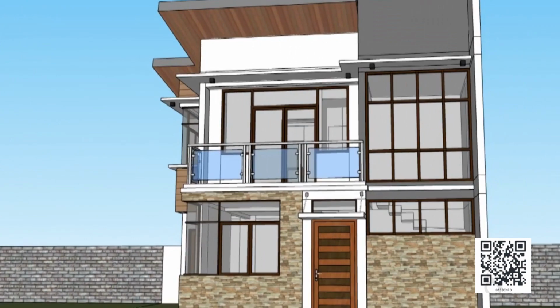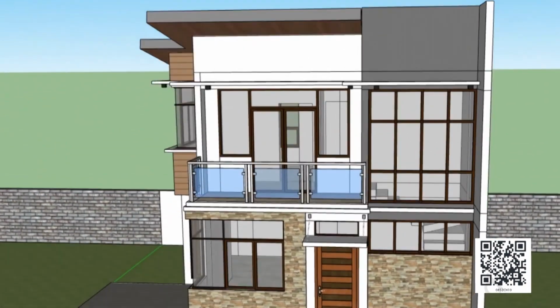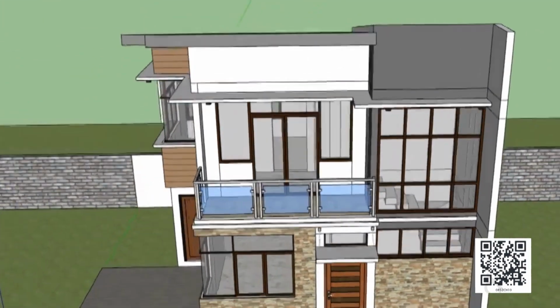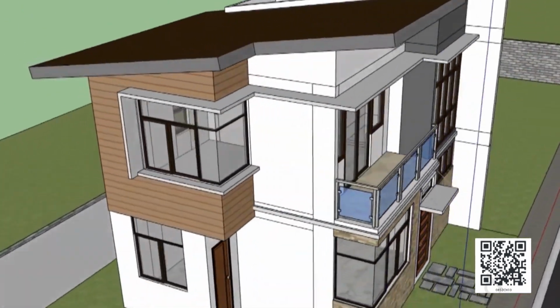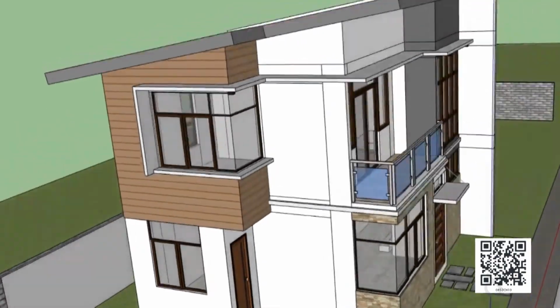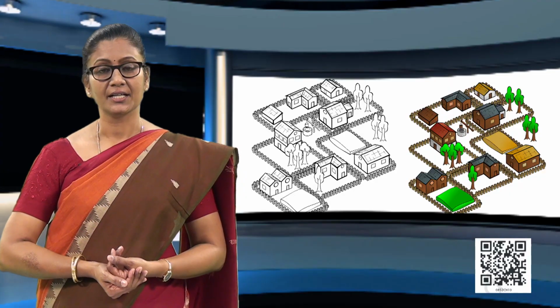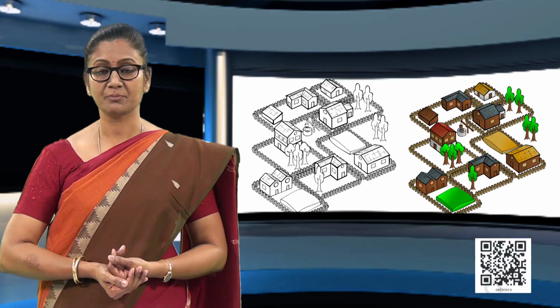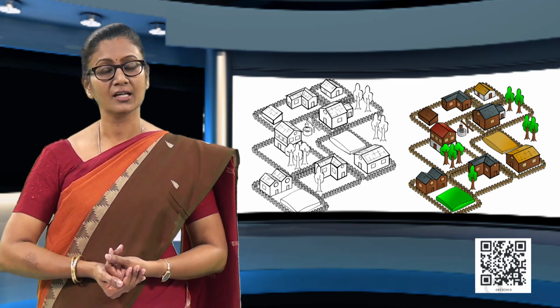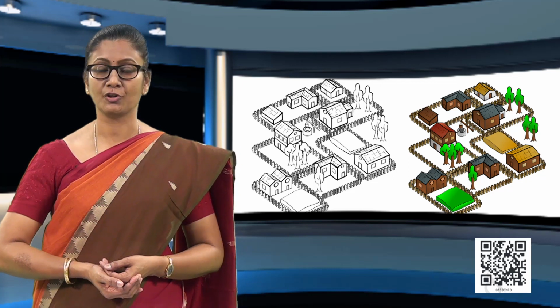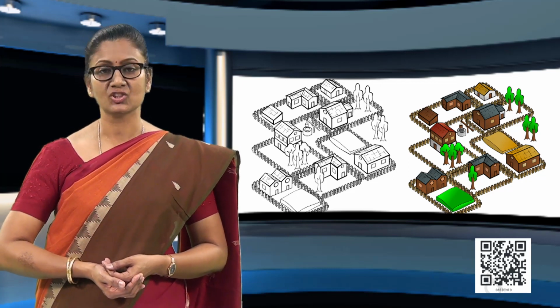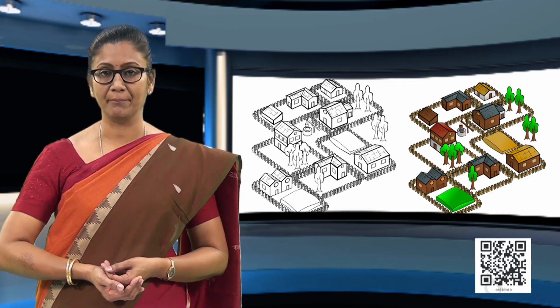Here, the person viewing the house from the front may have a different perception when he is drawing the picture than a person who is looking at the same house from the side. The map of the house remains the same irrespective of the position of the observer. Perspective is very important for drawing a picture, but it is not relevant for a map.